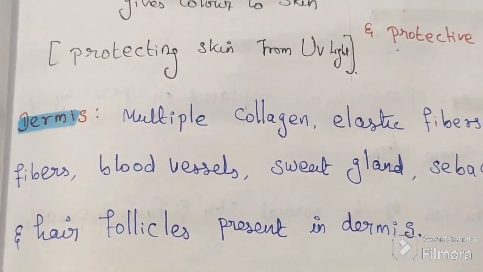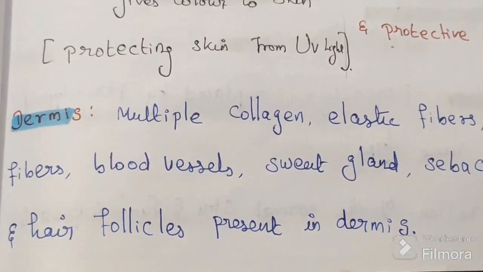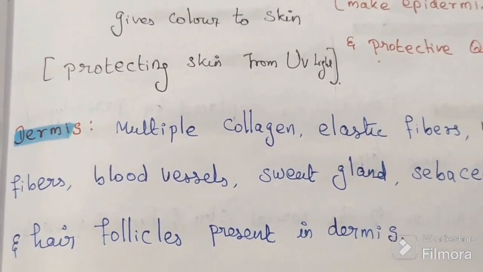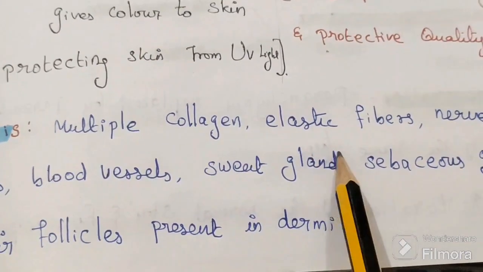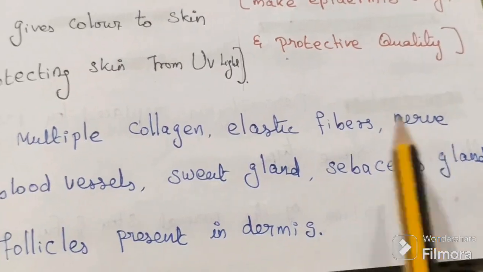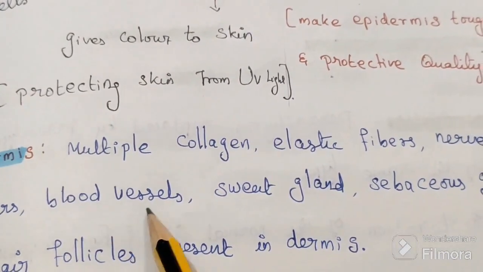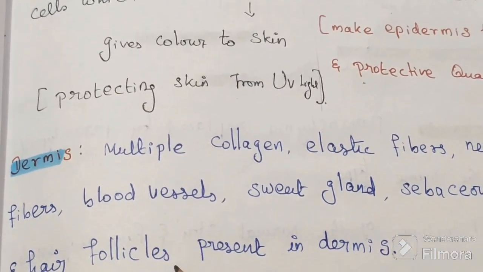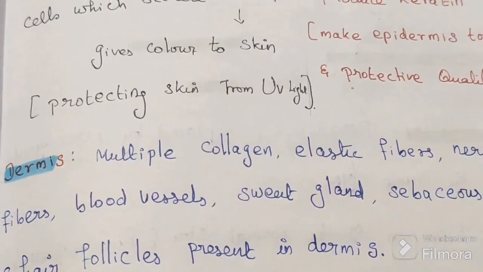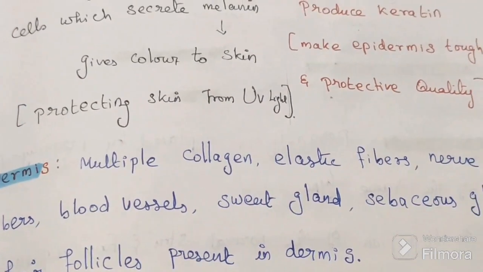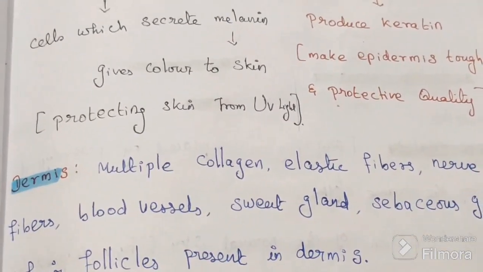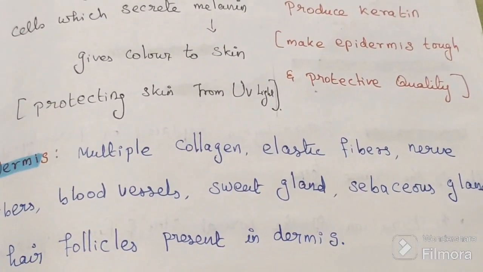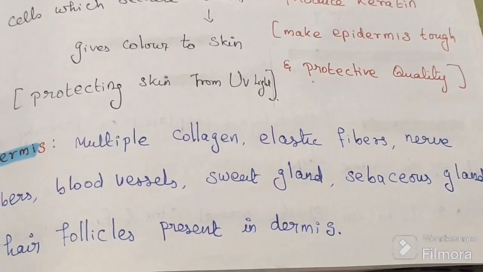Just below the epidermis there is the dermis. Inside the dermis there are collagen, elastic fibers, nerve fibers, blood vessels, sweat glands, sebaceous glands and hair follicles.